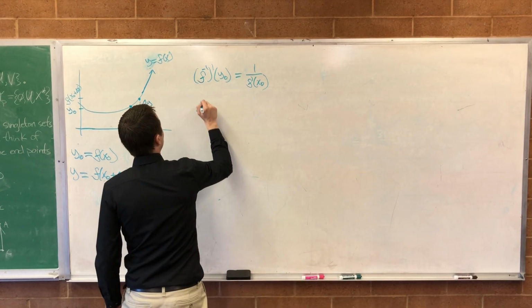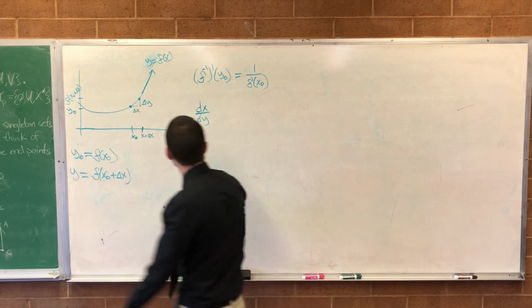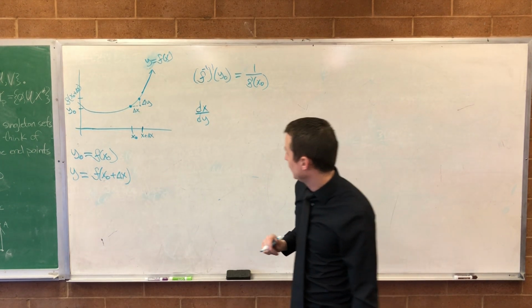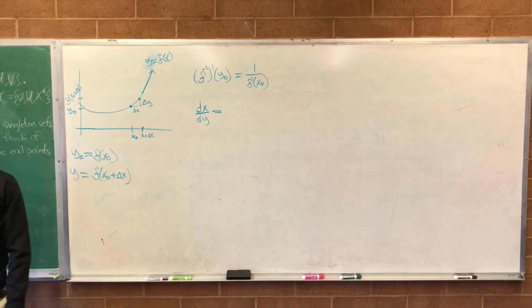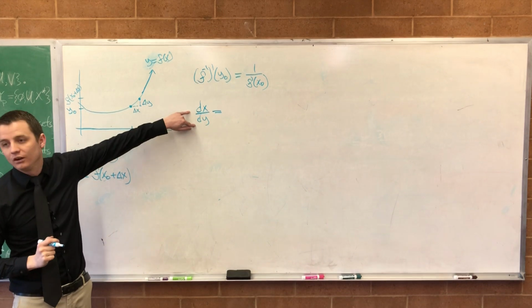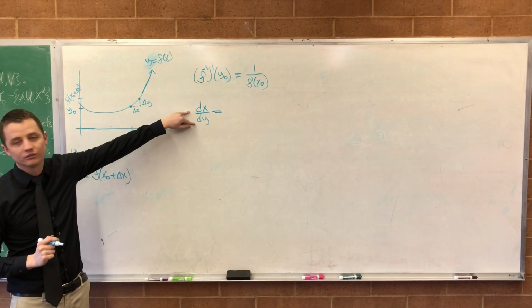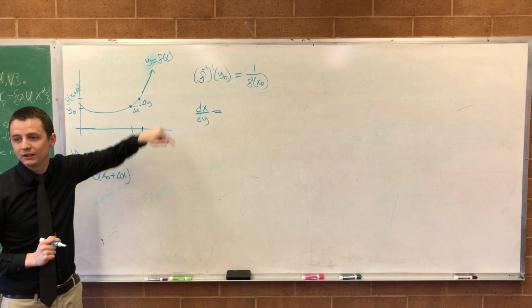Well, this is the same thing as asking what's the derivative of x with respect to y, instead of the derivative of y with respect to x, using Leibniz notation. Even though it's technically not correct to do so, in a lot of cases you can almost treat these things like they're just variables divided by each other.